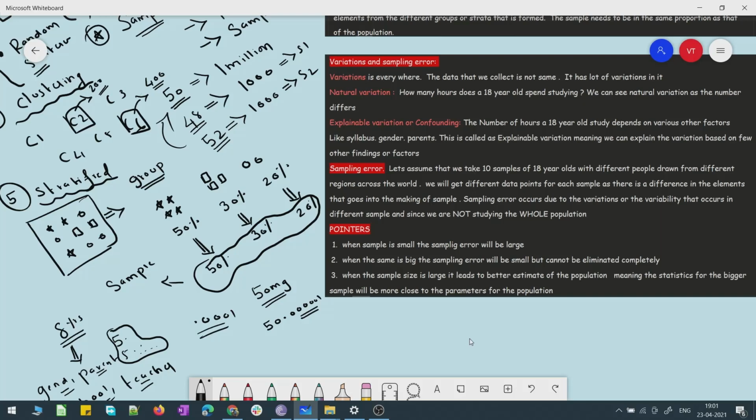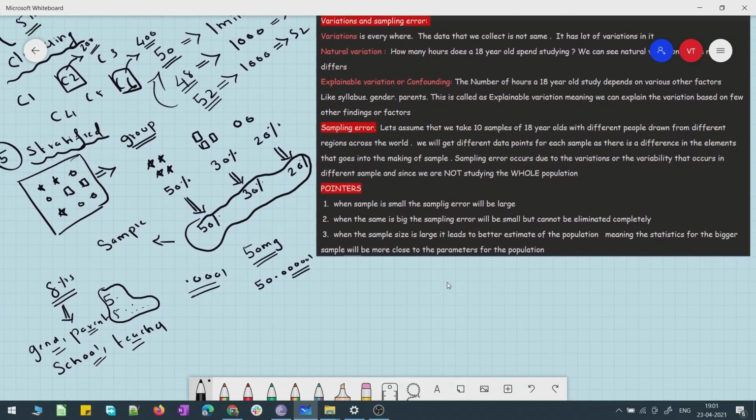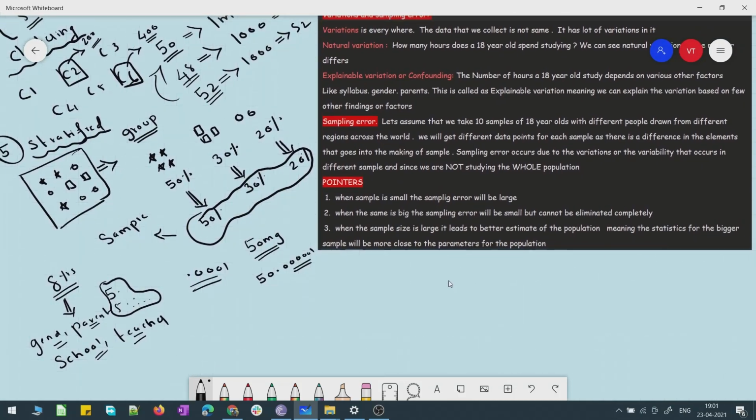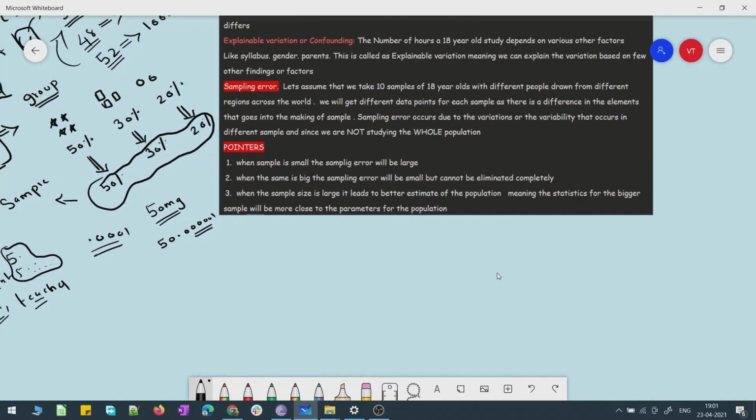Sampling error, I think we discussed it earlier. Let me give a few more pointers. The sampling error will definitely occur when the term sample comes into the picture. What does it mean? Let's say I take a sample of 100 students and I'm studying their hours spent studying. The average could be about 8 hours.